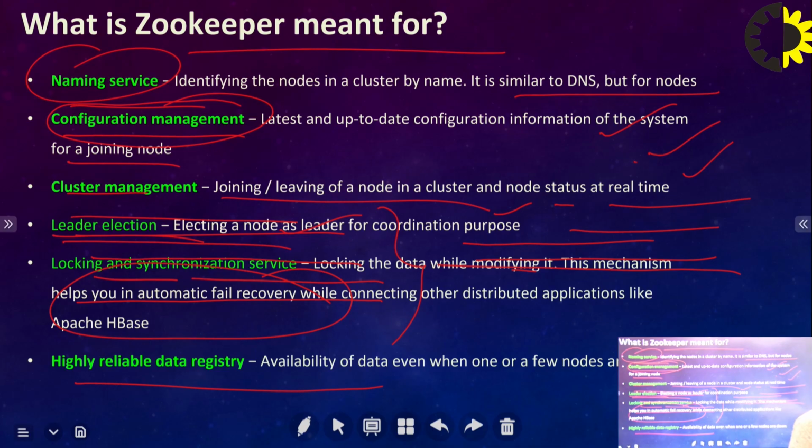Next, a highly reliable data registry: data is available even when one or a few nodes are down.